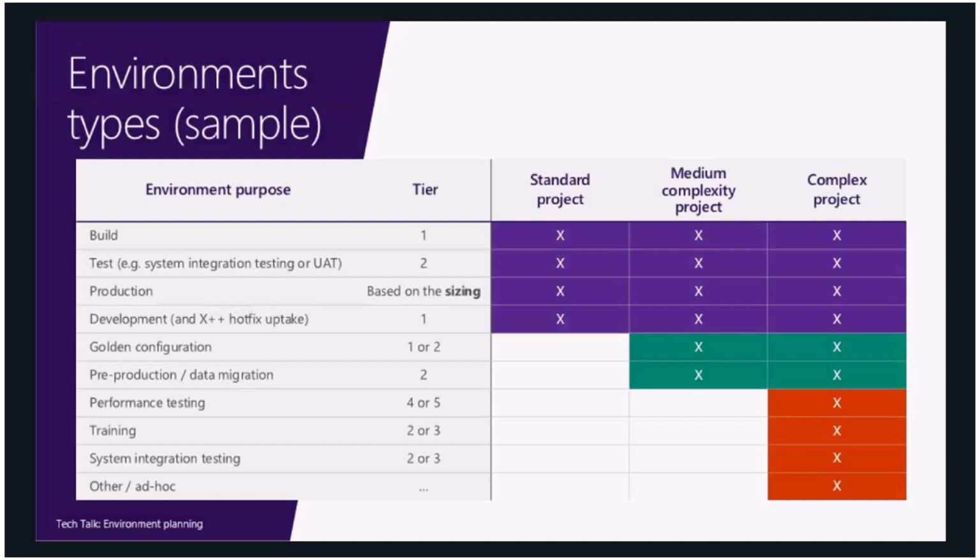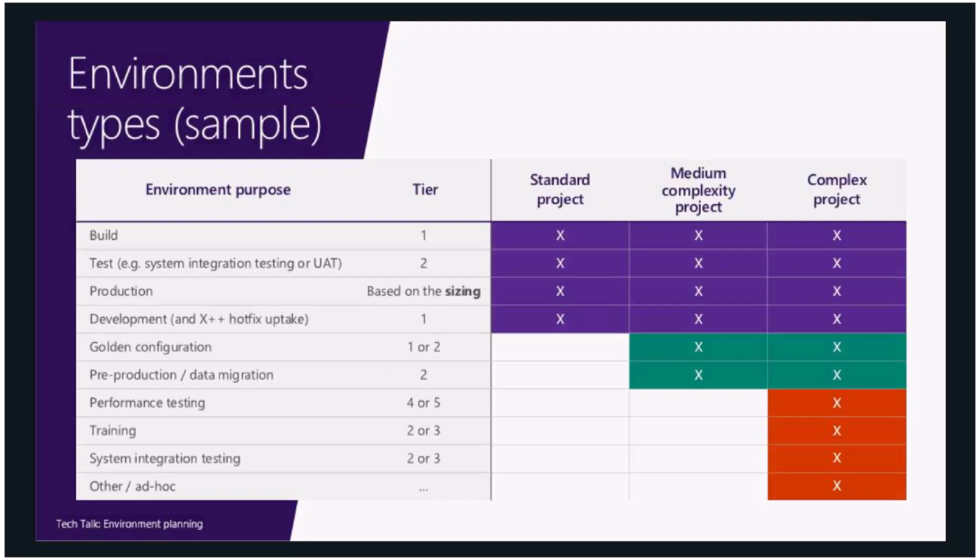So keep in mind that each and every project has different activities. There is a common baseline, and that's why we can provide this sample table. But ultimately, the partner has to make sure that all the different activities specific to the implementation are understood, listed, and that you have the final list of environments.